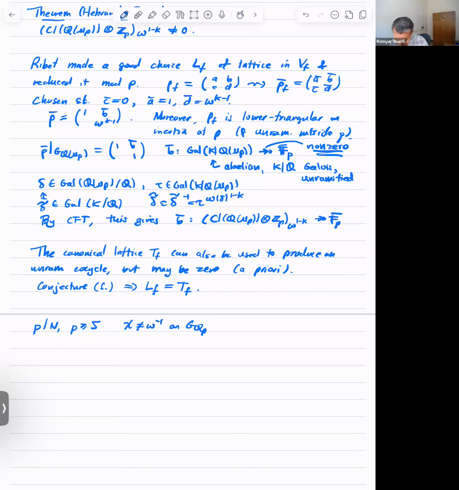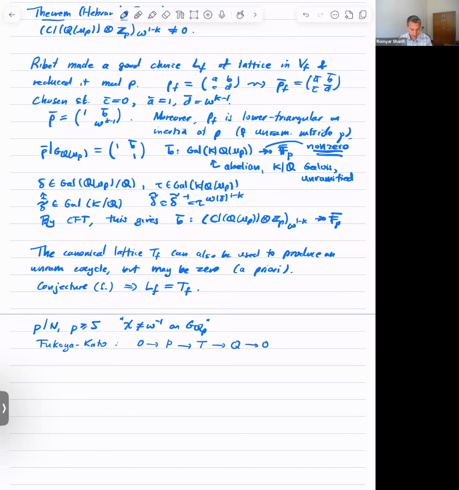So basically, let me just, this might not be quite right, but I wanted the representation to be residually distinguishable. There'll be two characters, and I want them to be different on the decomposition group at p. Okay, so Fukaya and Kato, following some work of mine, showed that T fits into an exact sequence like this.